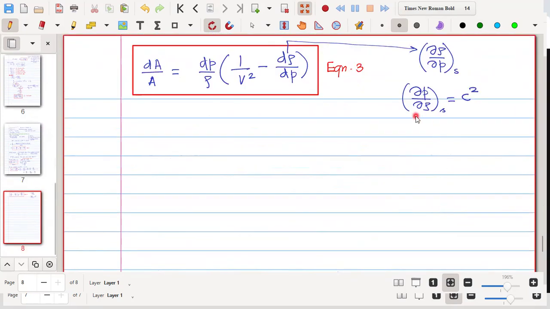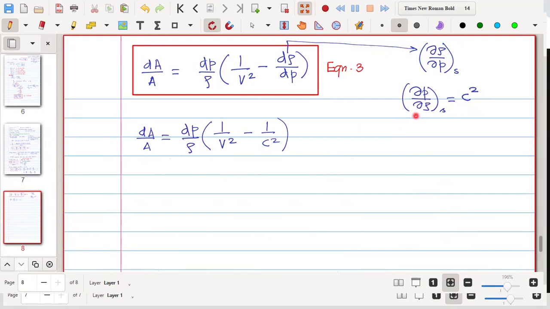Therefore, this is C square. Therefore, we can put it here. Therefore, dA by A is equal to dP by rho, 1 by V square minus 1 by C square.